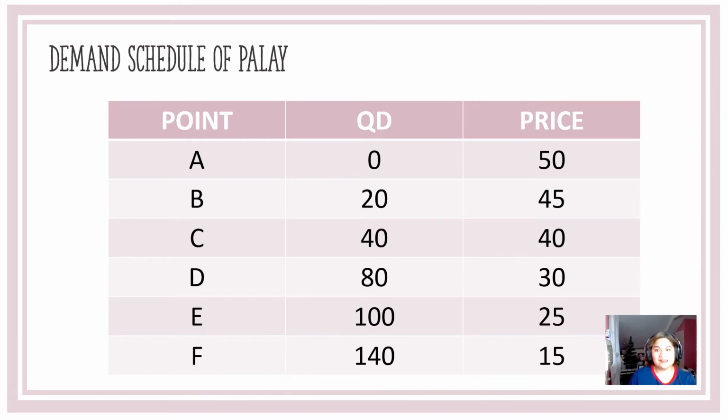But if we decrease the price to 45, the quantity demand will increase to 20. So from 0 kilo of palay, it will increase to 20 kilos of palay. So this is an example of a demand schedule. Again, here we can clearly see the inverse relationship of quantity demand and the price. Quantity demand is increasing, whereas price is decreasing.